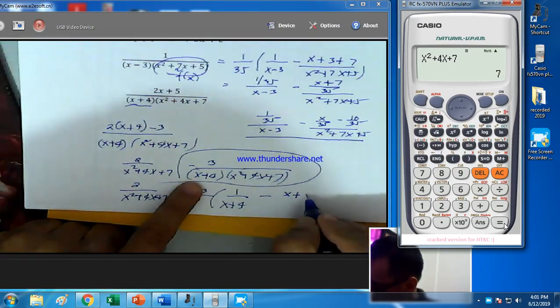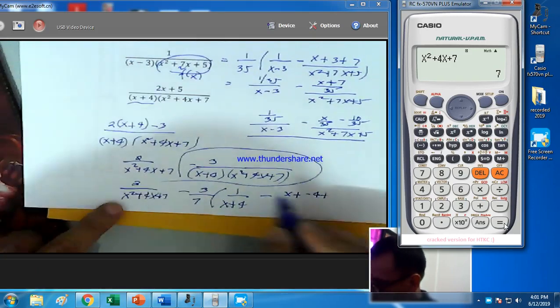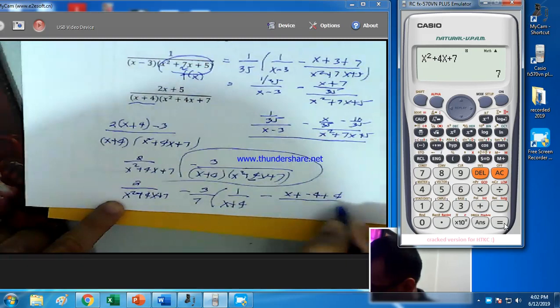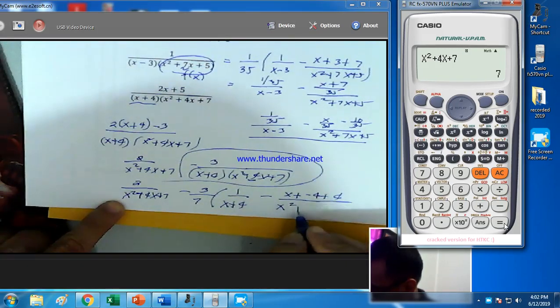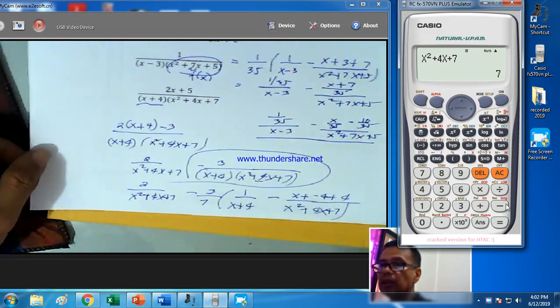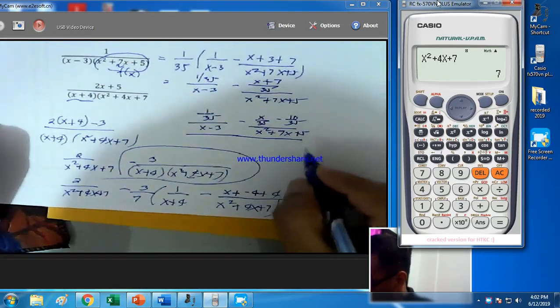Our a is the opposite of 4, which is negative 4, plus our b, which is 4, so 4 plus 4 is 8... and you can simplify this.